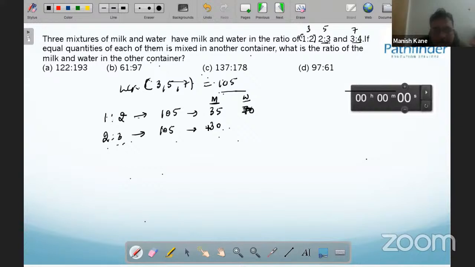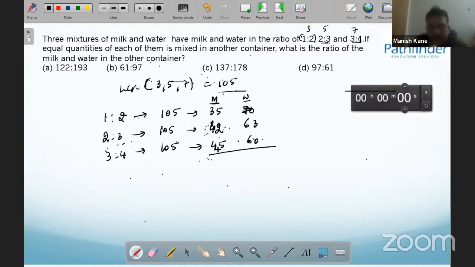So 42 liters and 63 liters here. And 3:4, again we take 105 liters. And what do you get? 45 liters of milk and 60 liters of water.